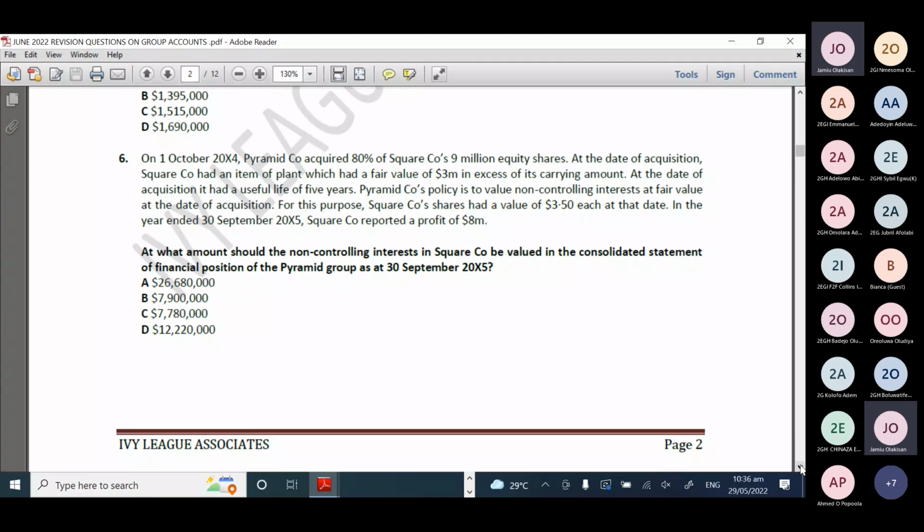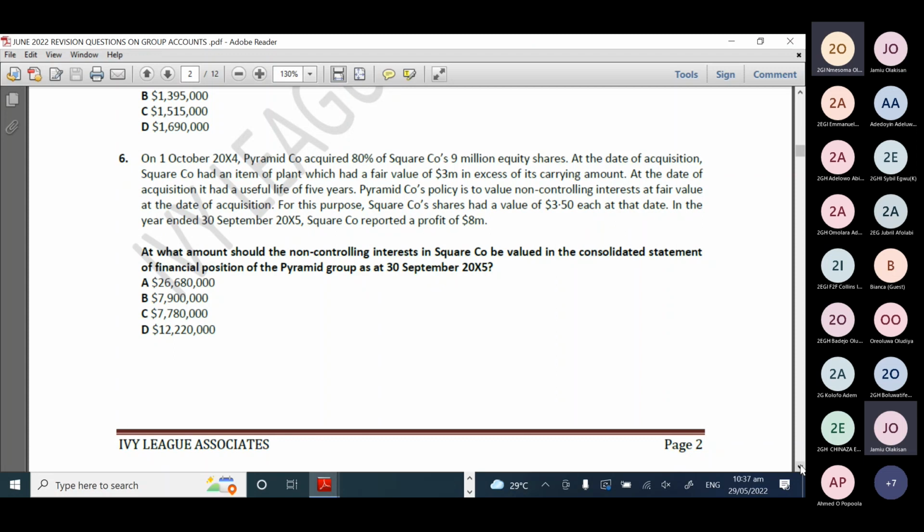What if it was paid half year? You still prorate it. What if it was paid the second day after the acquisition, 2nd October? Never prorate it. For associates, you don't prorate anything.